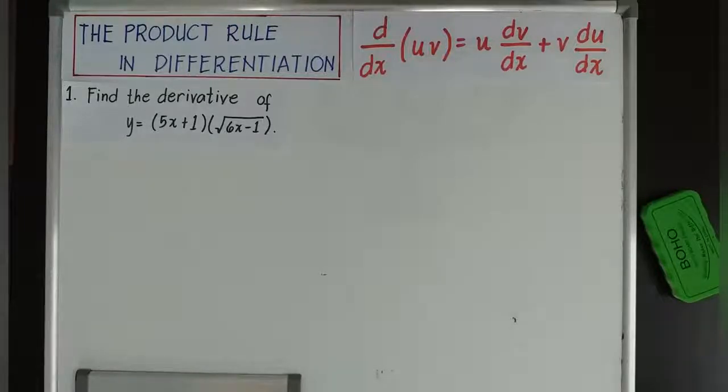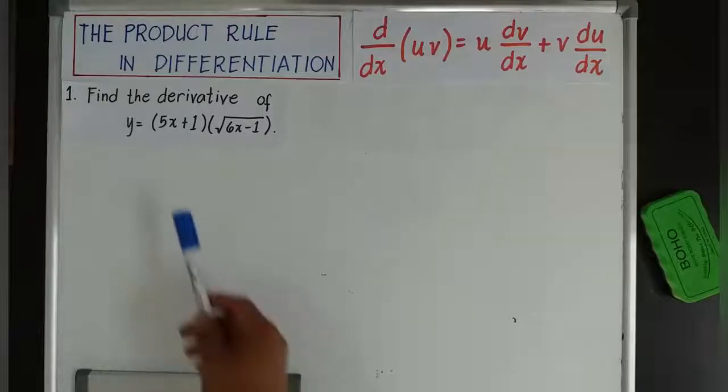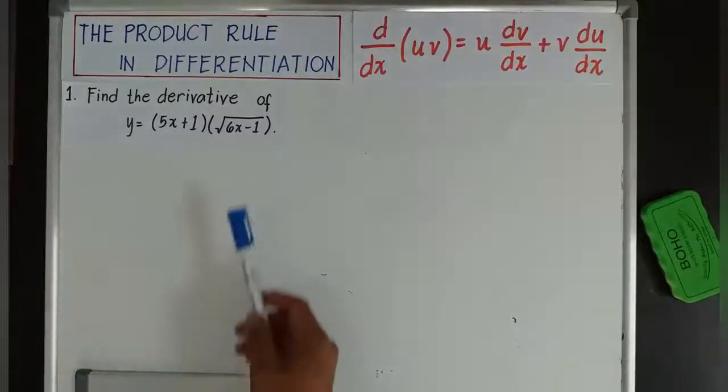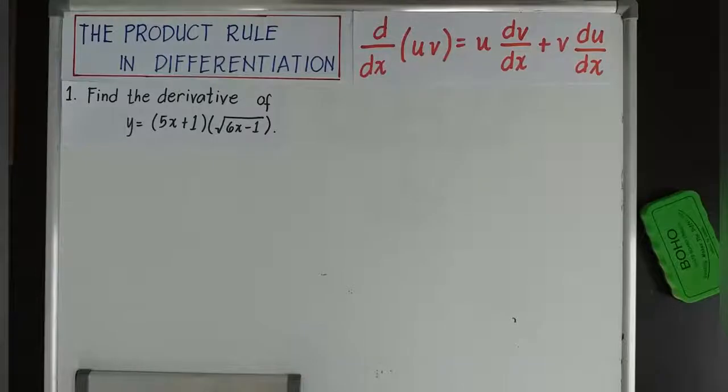So basically, how are we going to do that? We are first letting, or representing, those functions with u and v. I've told you there are two functions over here. I have 5x plus 1 and I have the square root of 6x minus 1.